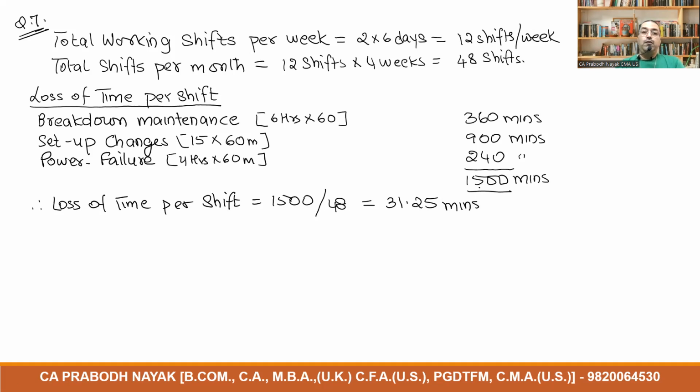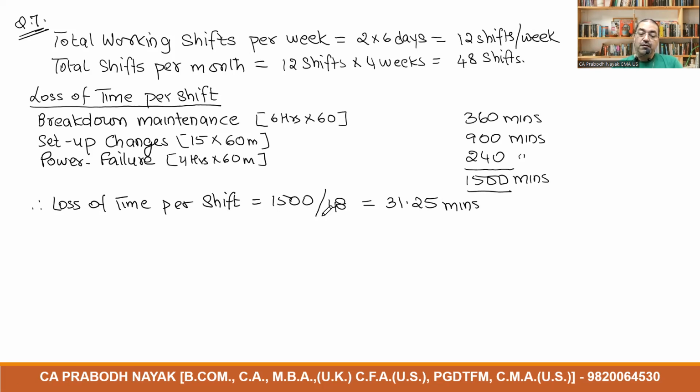So because of breakdown, setup changes and power failure, we are losing 31.25 minutes per shift. But other than that, we also have some loss of time per shift.